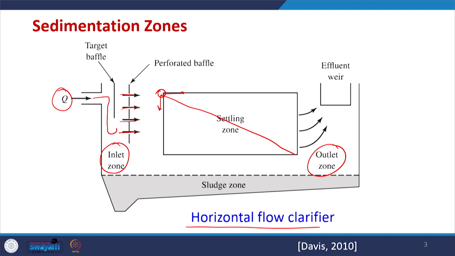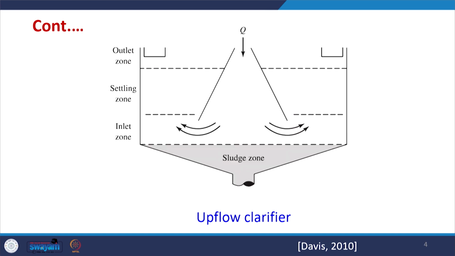If it settles here, it will go into the sludge zone given here. The particles which do not settle and the flow will continue to the outlet zone, from where the effluent goes out of the system. So, for the horizontal flow clarifier there are four zones: inlet zone, settling zone, sludge zone and outlet zone.